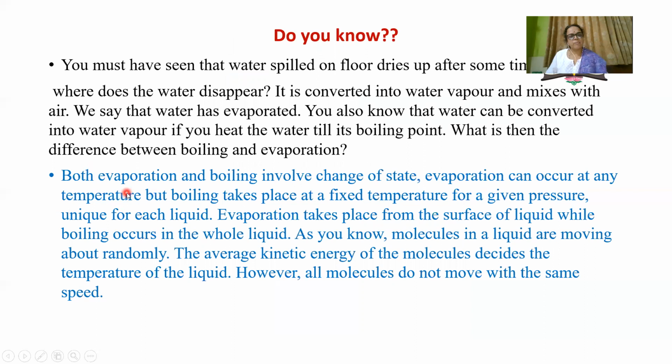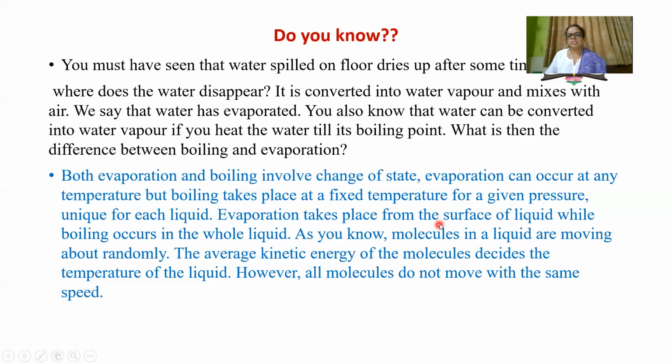Both evaporation and boiling involve change of state. Evaporation can occur at any temperature, but boiling takes place at a fixed temperature for a given pressure, unique for each liquid. It means boiling point is unique. It is different for different liquids.